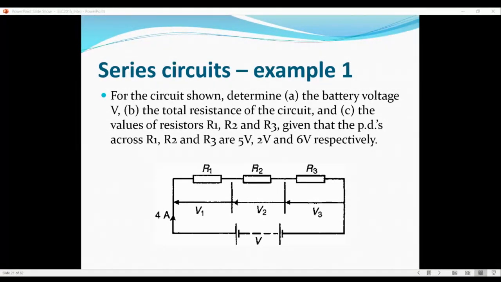That is correct. So obviously we just add all the voltages. And then the next question is, what's the total resistance of the circuit? You can work that out. Ohm's law, guys, very basic.